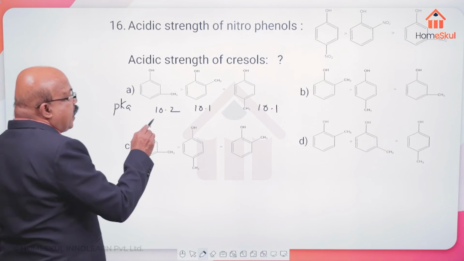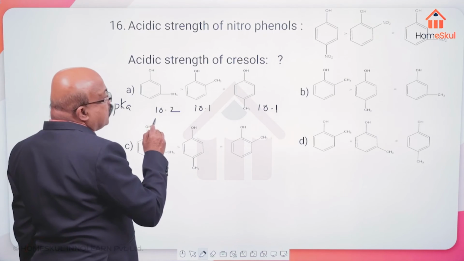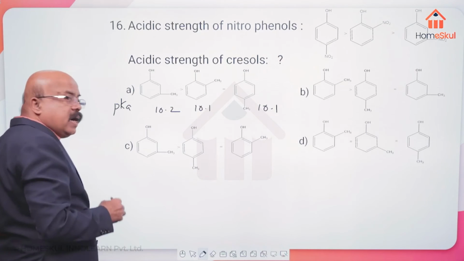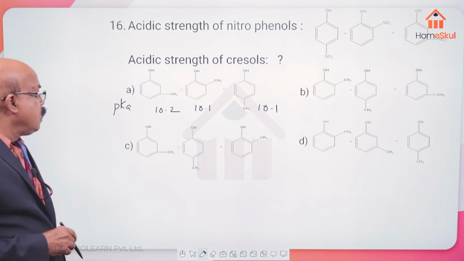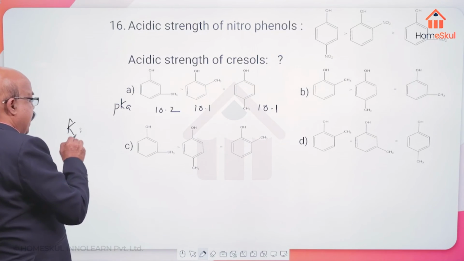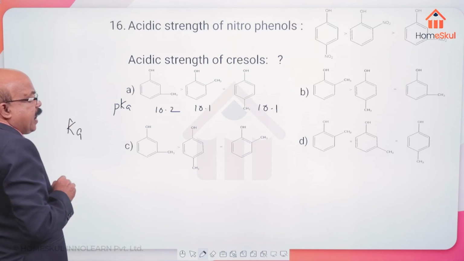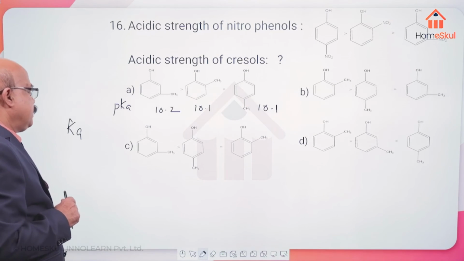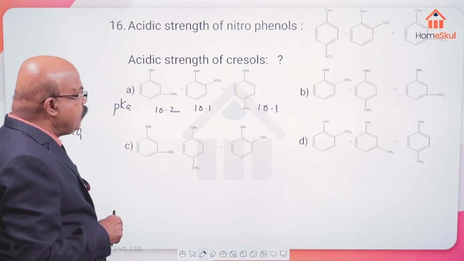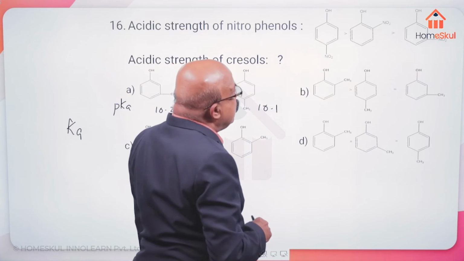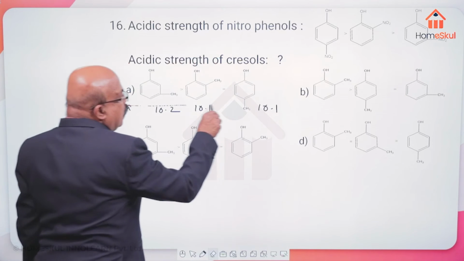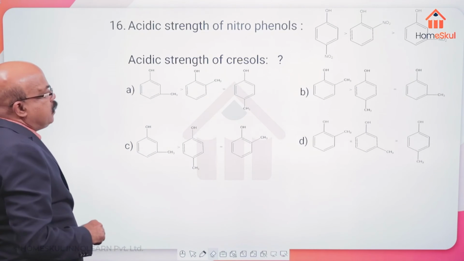So here it has got acidic strength 10.2. It has a higher pK value among these. Higher the pK value means lower the Ka. Higher the Ka, lower the pKa. Here, lower the pKa, which is more acidic.